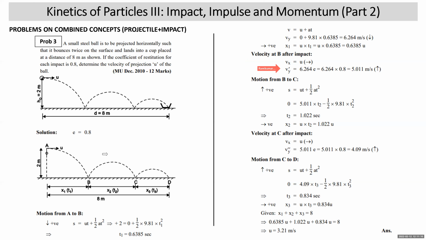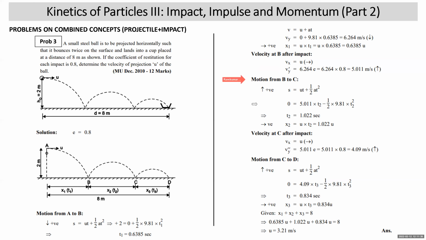Normal to the plane, the vertical component before impact is 6.264. After impact, the horizontal component remains the same, and the vertical component will change by e times, that is 6.264 e. The e value is 0.8. So at B, the velocity of the ball after impact is 5.011 meters per second upward. This is the vertical component after impact, and this is the horizontal component after.